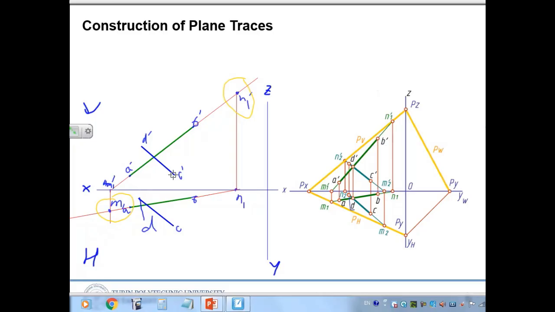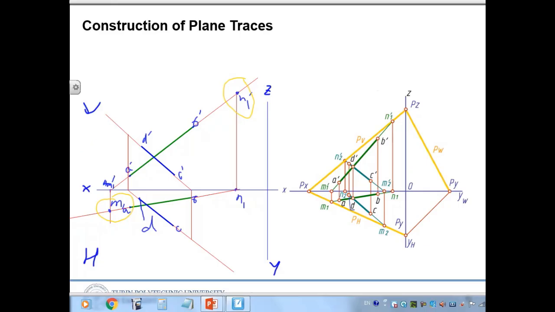Okay, so extend it until it crosses the OX axis, and extend this side and extend another side. From this point, make a vertical line like this. Extend another side. From this point, make a vertical line until it meets the C dash D dash line.